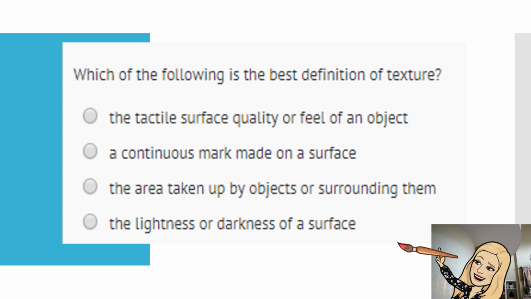The answer choices are the tactile surface quality or feel of an object, a continuous mark made on a surface, the area taken up by objects or surrounding them, or the lightness or darkness of a surface. These are all definitions of elements of art, but the answer choice that we are looking for is texture. Why don't you go ahead and take a guess, and I'll give you an answer on the next slide.